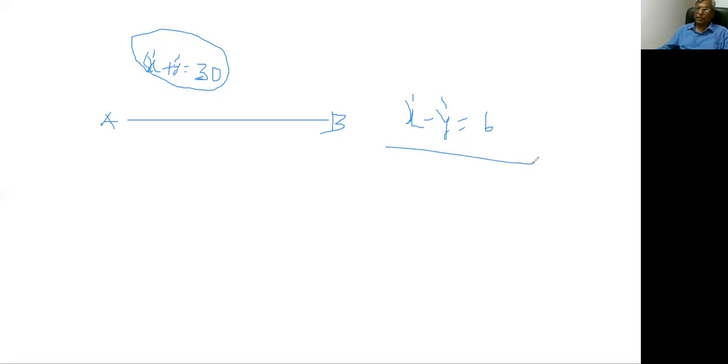So if you take these two equations, x plus y is equal to 30 and x minus y is equal to 6, if you are taking these two equations at a time, then these two equations are forming here a system of linear equations. System.